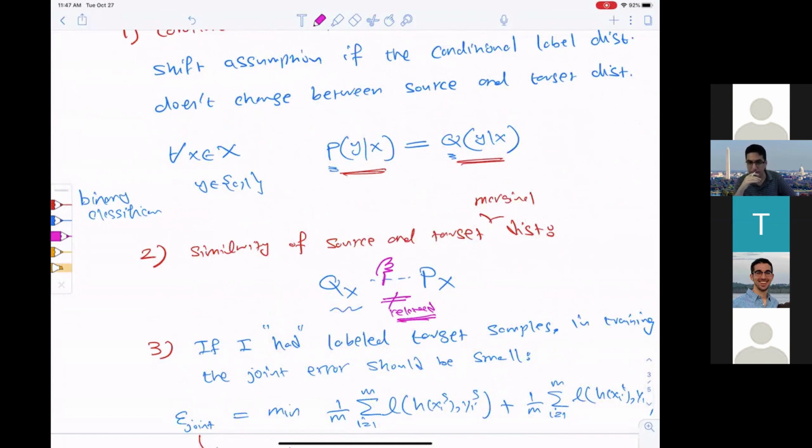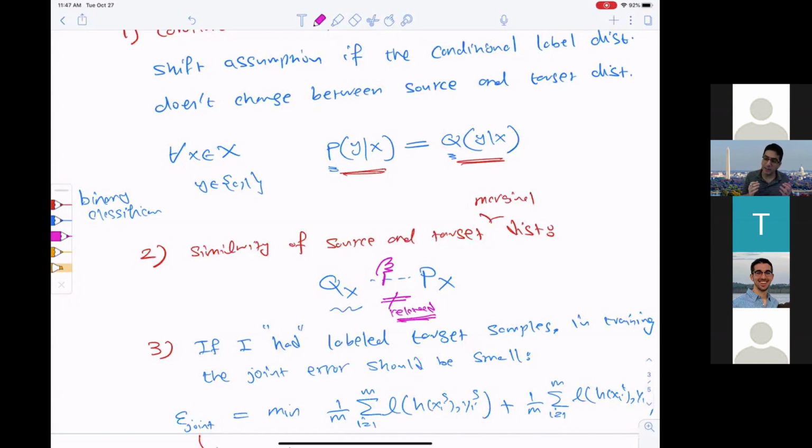Is that not related to the classic Bayes classification rule where we choose the Y such that its probability is maximized given X? And if these probabilities are the same, then isn't the classification trivial, to just use the same classification that we used for training? No. The reason is that the marginals are different.